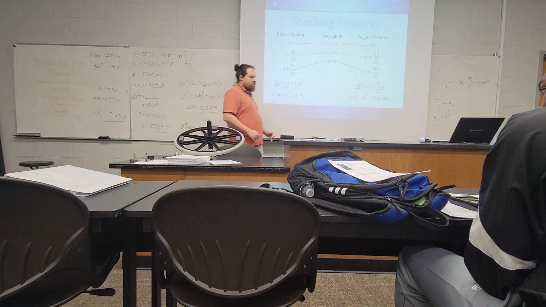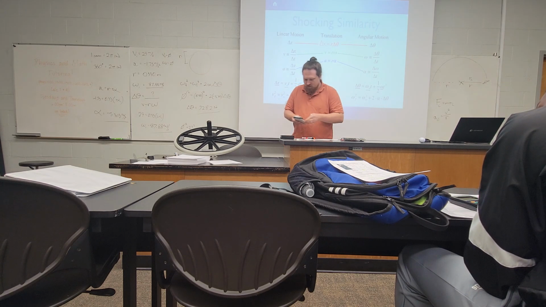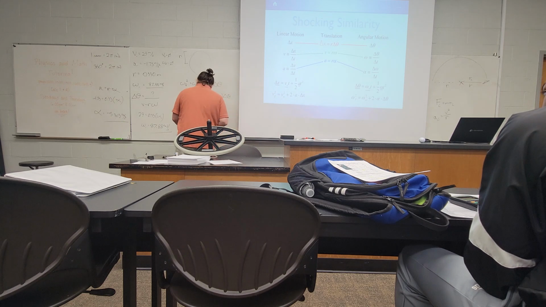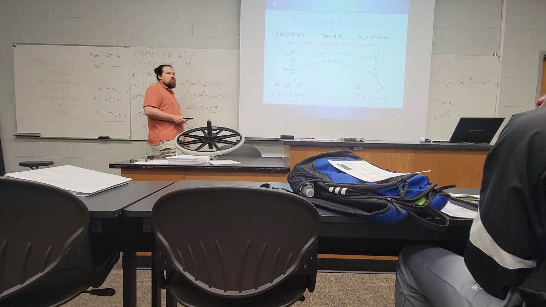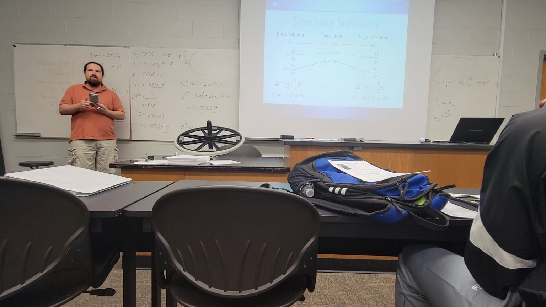Delta x would in that case be about 240. So that tells us that the truck would have to skid 240 meters forwards as it's slowing down.